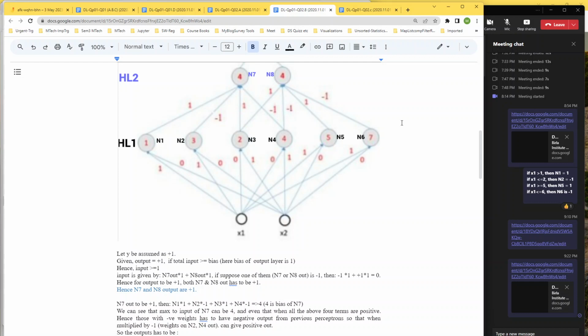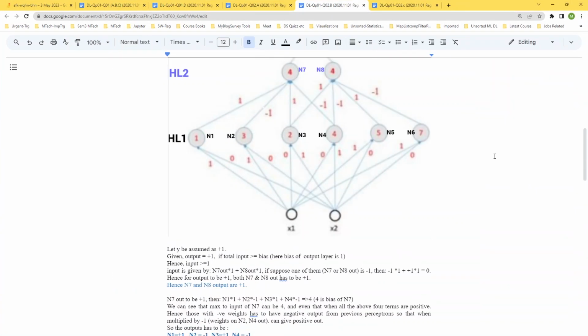We have X2 as well for N1. So X1 can be 1, 0, 1, 0, right? If we look at it from X1, N1, N2, N5, and N7 are the ones which have the weight of 1.